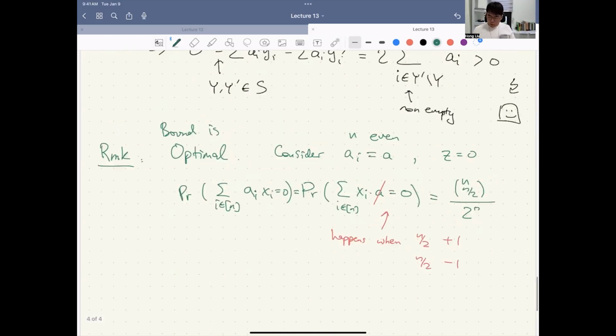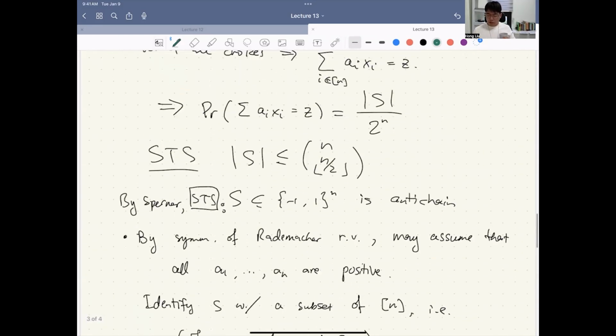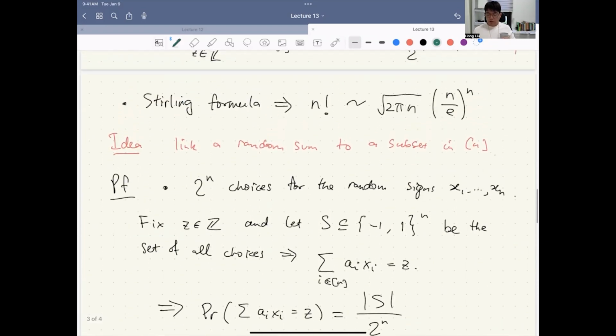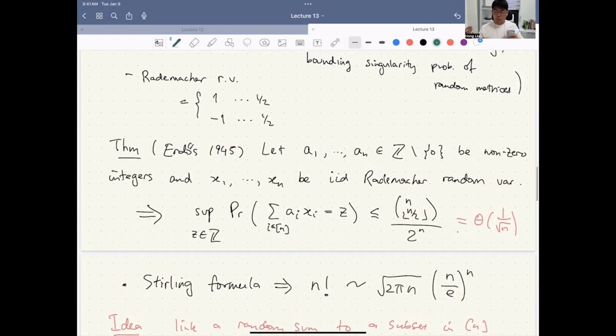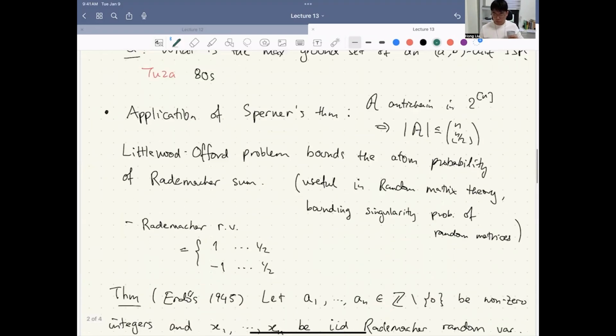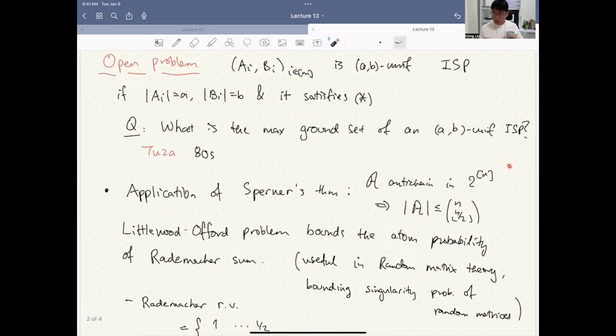Sperner's theorem is about antichains in this hypercube ordered by subset inclusion. We can consider a more general discrete structure than this hypercube ordered by subsets.